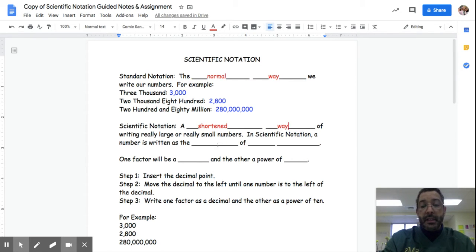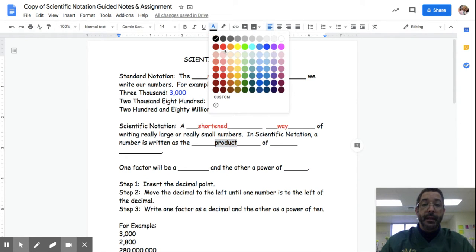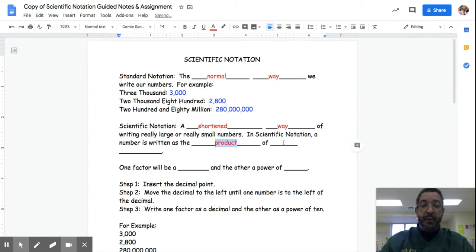In scientific notation, a number is written as the product, is what we want to put here, the product. And so product indicates multiplication. So it's going to be the product of 2 factors. That's what scientific notation is going to be, the product of 2 factors.